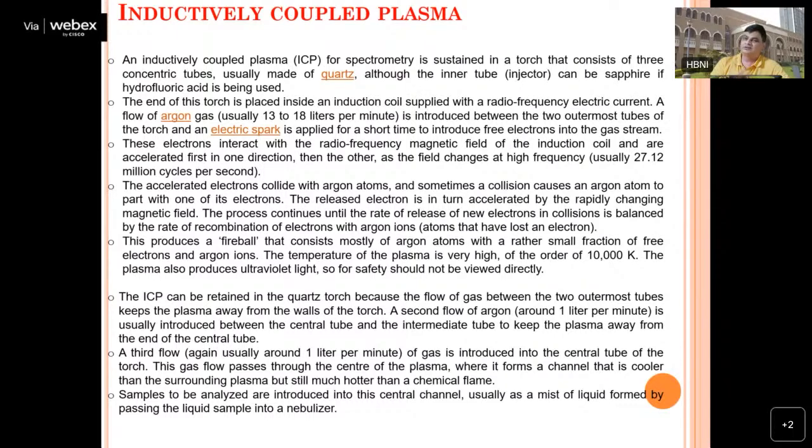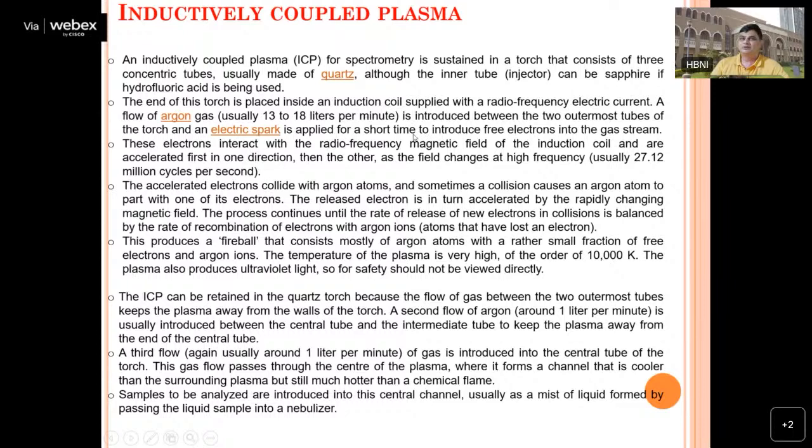With that frequency, 27 megahertz, there is a lot of friction generated, and because of those collisions we get a very high temperature. All these things have been written out nicely.